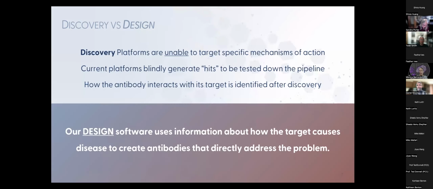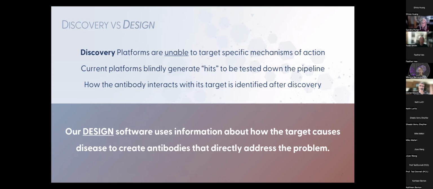And then one of the other critical flaws of these platforms is that they just can't target a specific mechanism of action. So this is back to that question of how are you targeting it and what's different about using computational systems? And that's that you can focus in on where you want your antibody to bind instead of just having to set up so many experiments in order to find those antibodies that have the right mechanism of action.